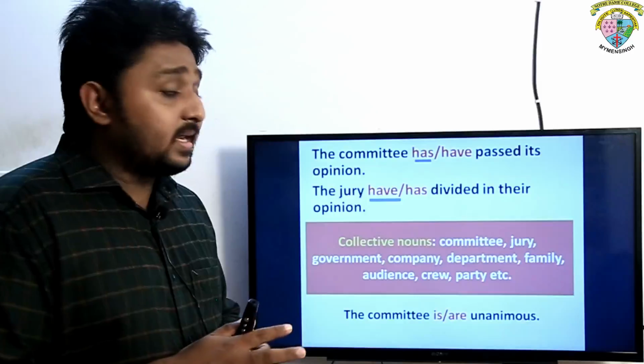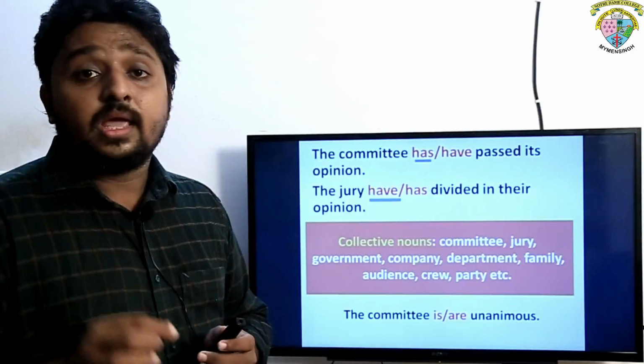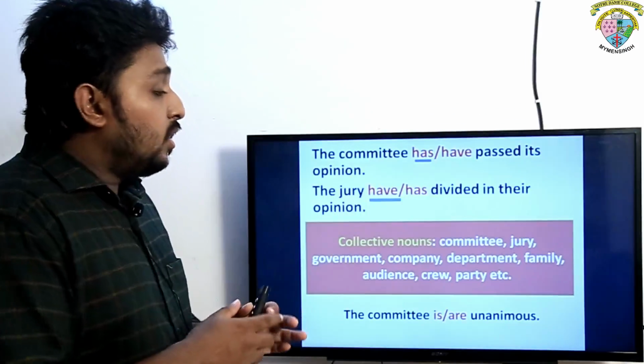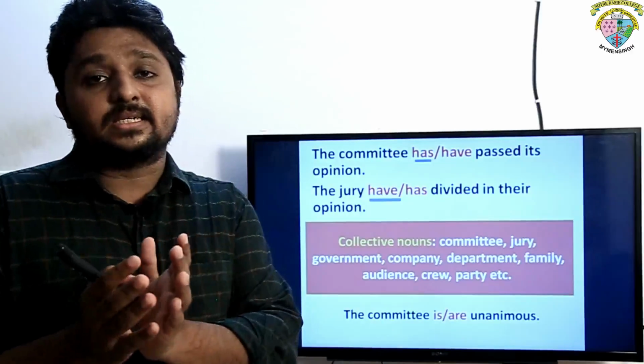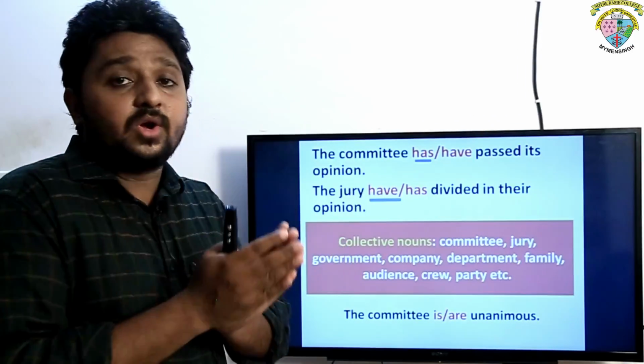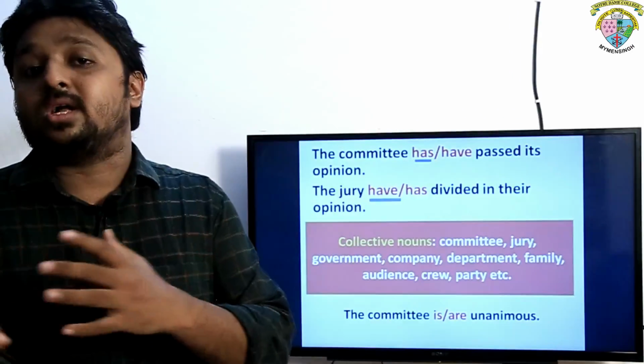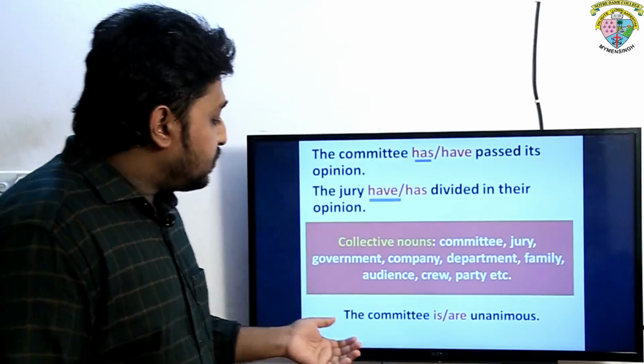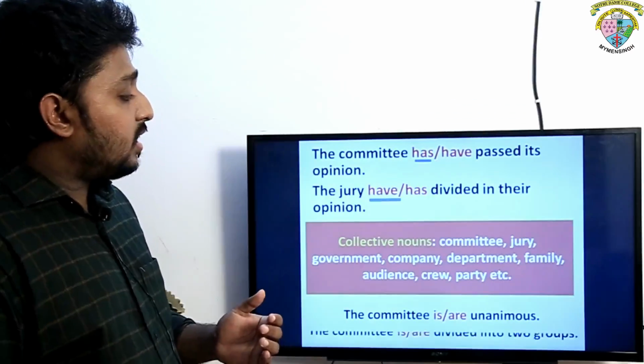But here we can get a consonant sound, unanimous, and that's why if we need to use any article, we have to use a, because a is always used before consonant sound. So what will be the answer, guys? The committee is or are unanimous.